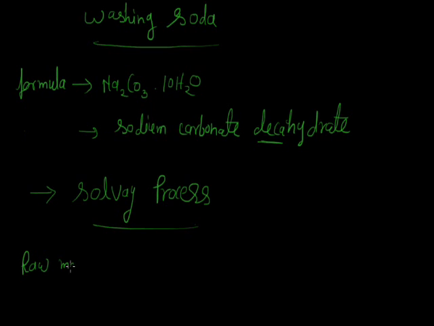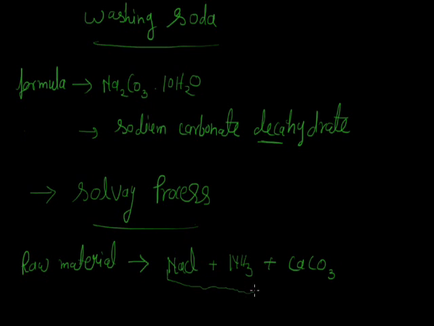The first is a 30% aqueous solution of NaCl, which is called brine. It means the raw material is sodium chloride, and next ammonia, that is NH3, and calcium carbonate. These three raw materials are used for the preparation of sodium carbonate by the Solvay process.